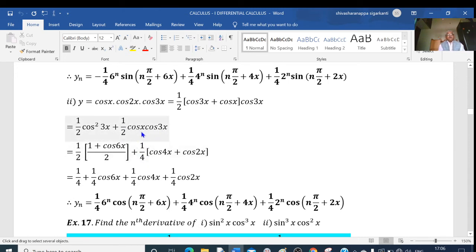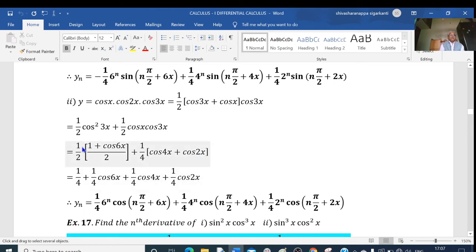Cos into cos can be written as 1 by 2 into cos plus cos. So 1 by 2 was already there. Now this becomes 1 by 4, cos plus cos. First one addition, second one subtraction. Cos of x plus 3x is 4x, plus cos of x minus 3x is minus 2x. But cos of minus 2x is same as cos of 2x.